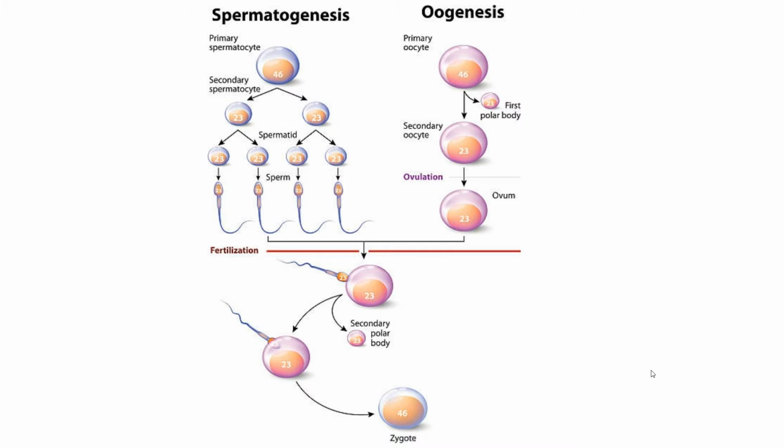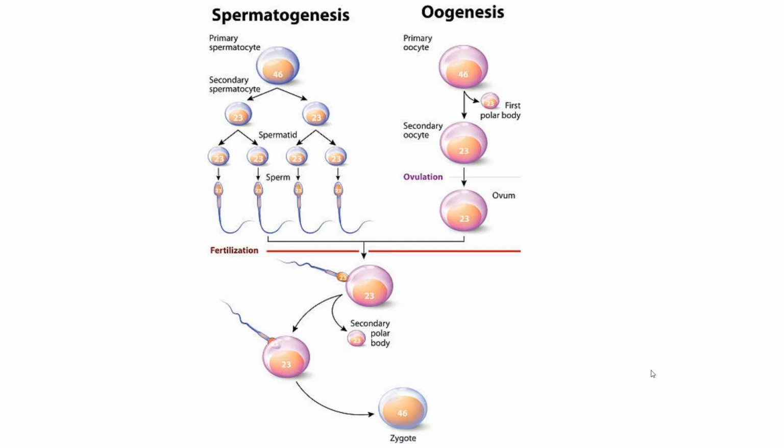So let's look at the differences between these two processes. A big difference is the number of gametes. For spermatogenesis, 4 functional gametes are produced, whereas in oogenesis, only 1 functional gamete is created, and then there are those polar bodies that are made also.